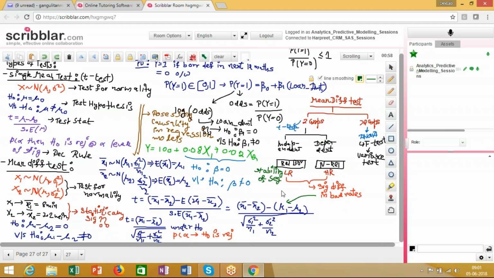So what we do is we take up a population, but a subset of the population, and once we have taken that subset, we record the overall bad rate in that population before the treatment has been given, right?